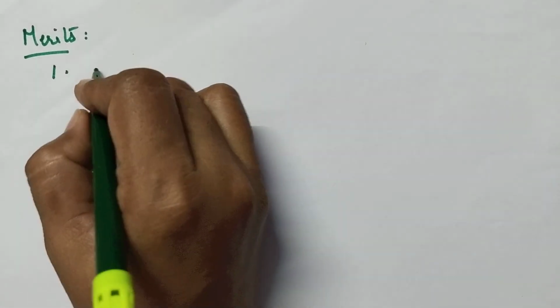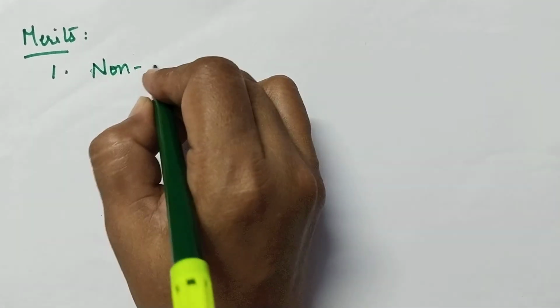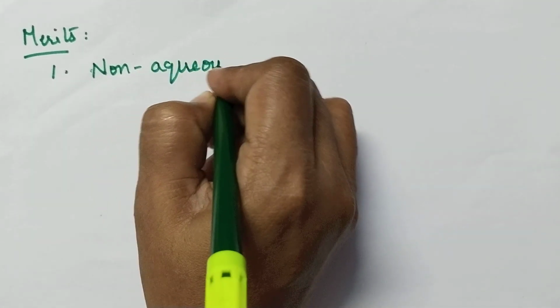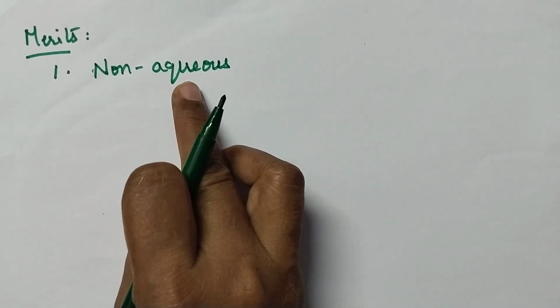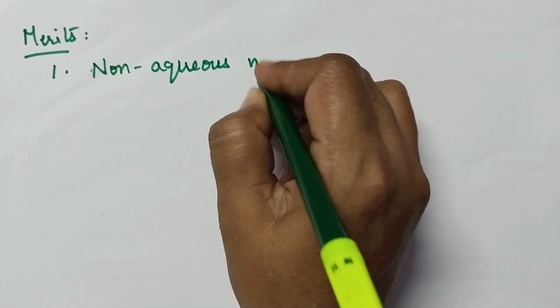Now let us discuss the merits and limitations of Bronsted theory. Coming to the merits of Bronsted theory, it explains the acidic and basic nature of substances even in the non-aqueous medium.